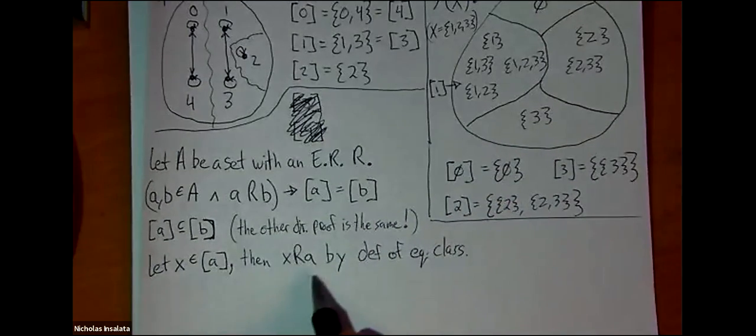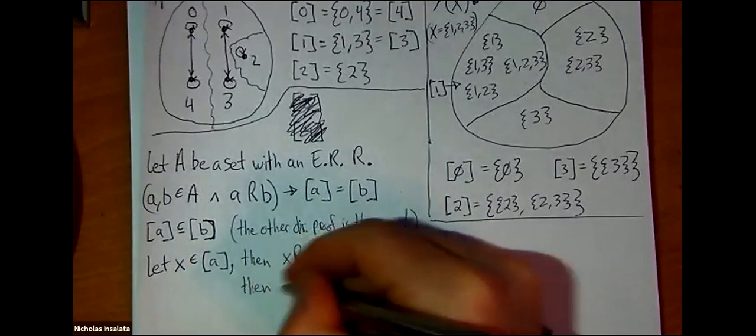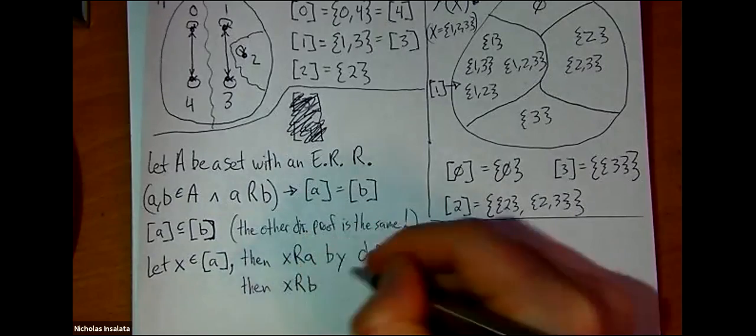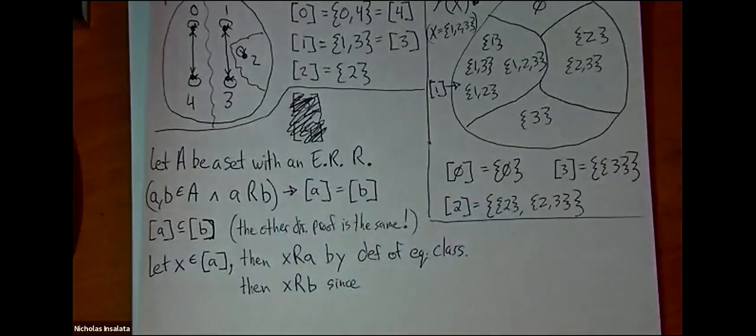Right? If X relates to A, then what do we know? X relates to B. Good. Why do we know that? Transitivity, good.